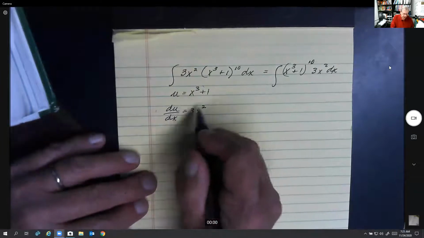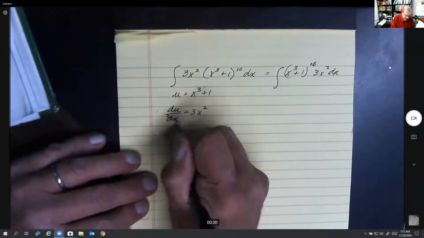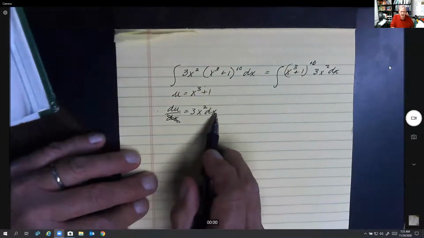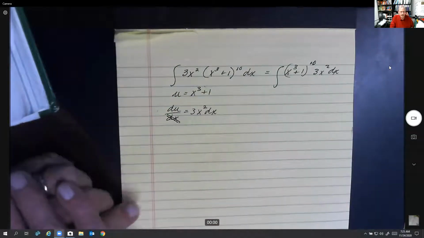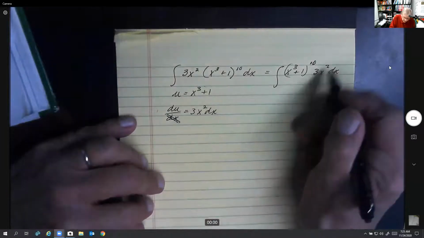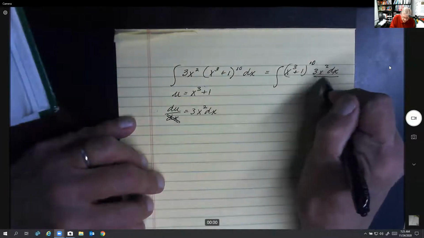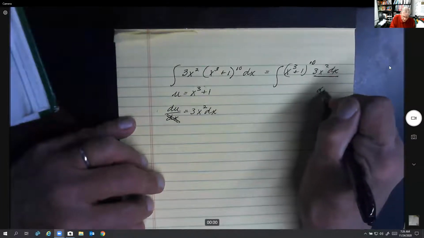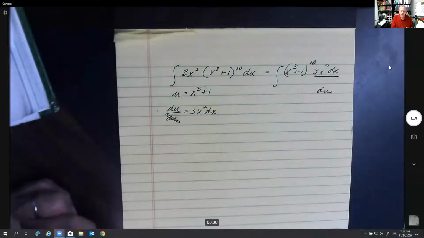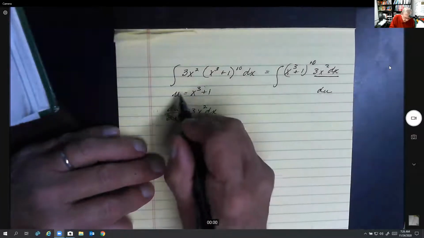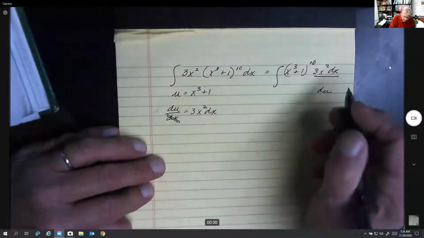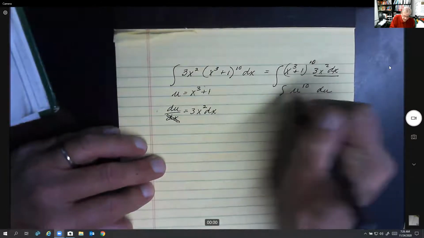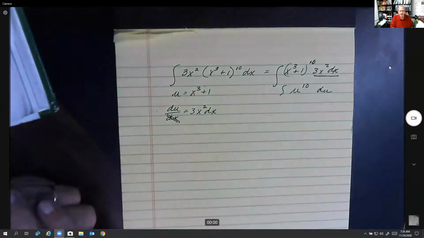So I'm going to put that dx up here. So now it's 3x squared dx. And we can see we have 3x squared dx. So in place of this, I'm replacing that with a du. And in place of the x cubed plus 1, I'm replacing that with just the symbol u. So this is u to the 10th du.